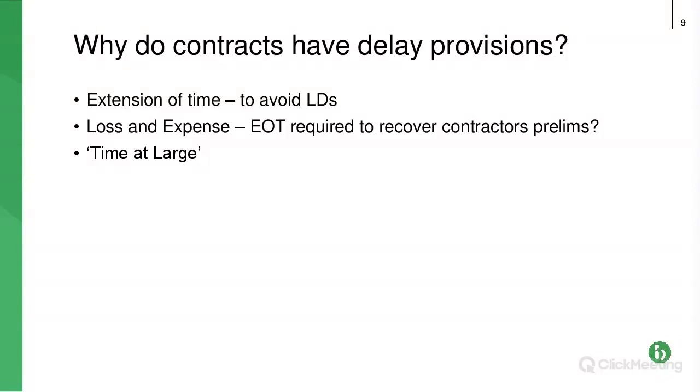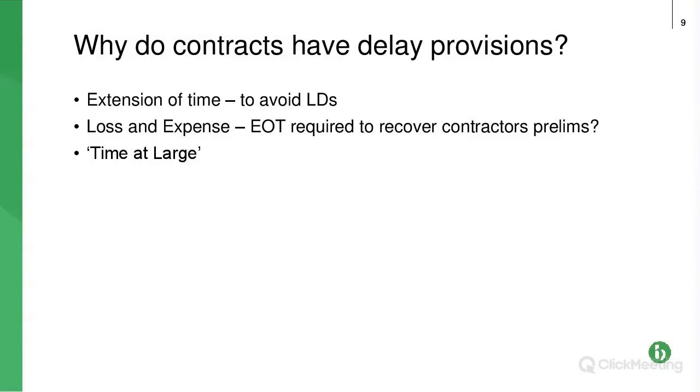We also have, second bullet point, loss and expense, so that is the contractor's way of recovering its costs on site if it gets an extension of time. So if there's a delay, which is effectively the employer's risk.